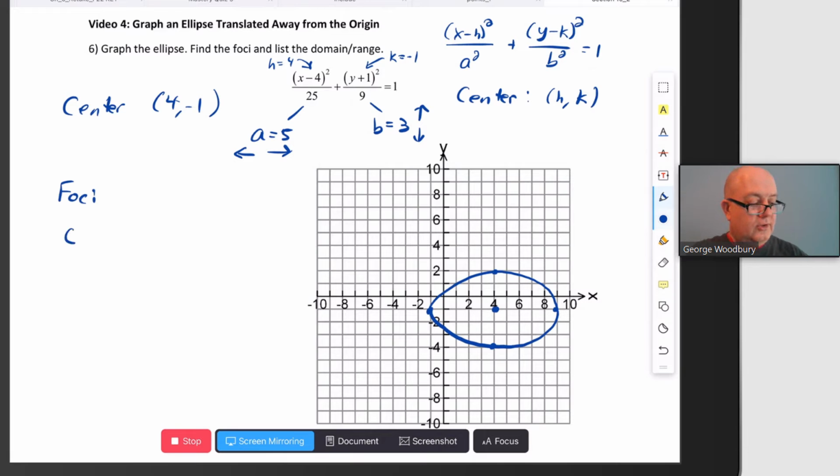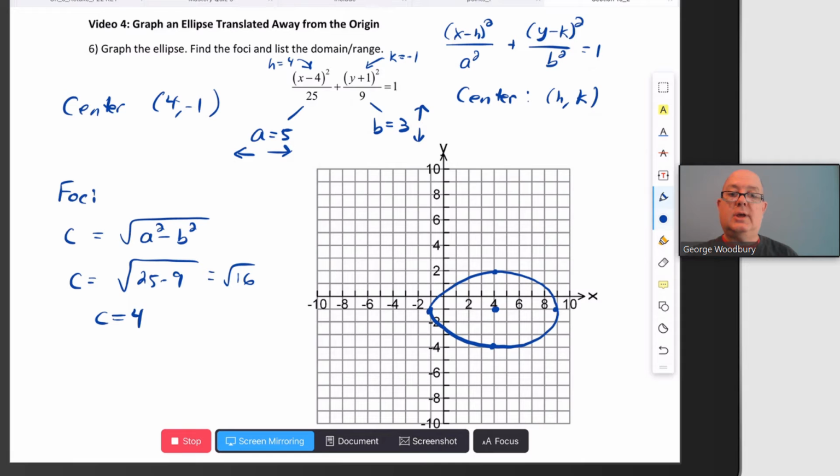Now for the foci, we're going to use c equals the square root of a squared minus b squared. Here, that's c equals the square root of 25 minus 9, or the square root of 16, so c is equal to 4. We're going to move 4 units to the left and to the right because the major axis is horizontal.